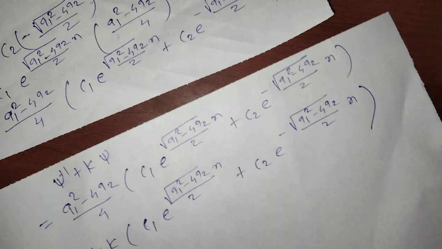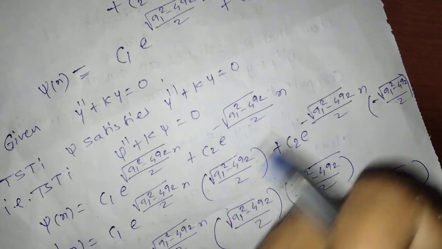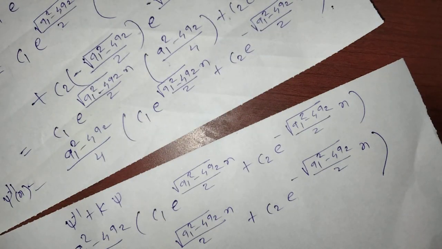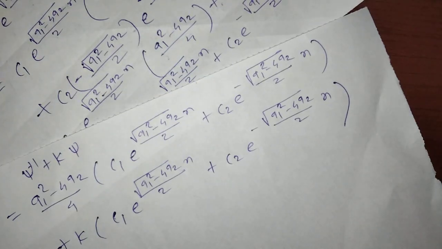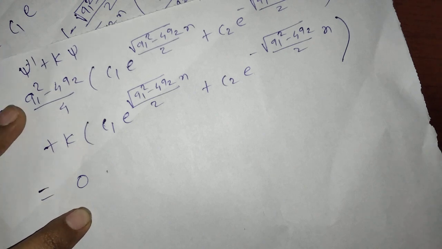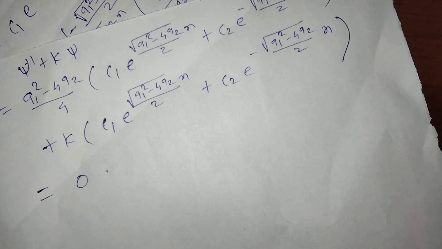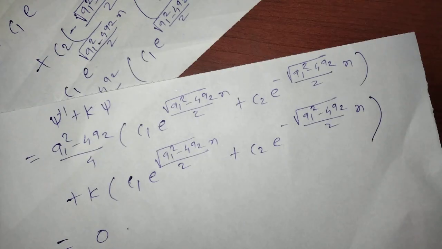Now for psi satisfying this equation, we have to know the value of k, but the value of k is not given, so equate this equation equal to 0. Then you can say that if the value of k is equal to minus of a1 square minus 4a2 upon 4, then you can get the right hand side equal to 0.